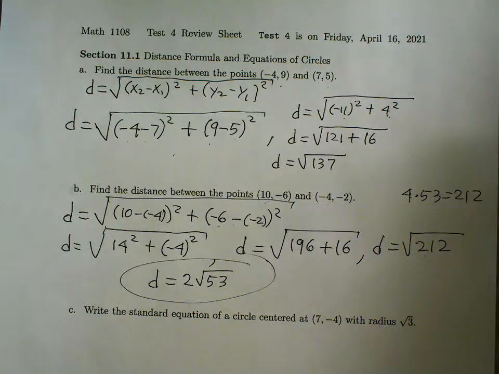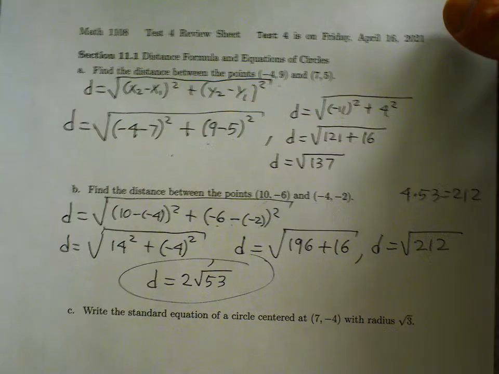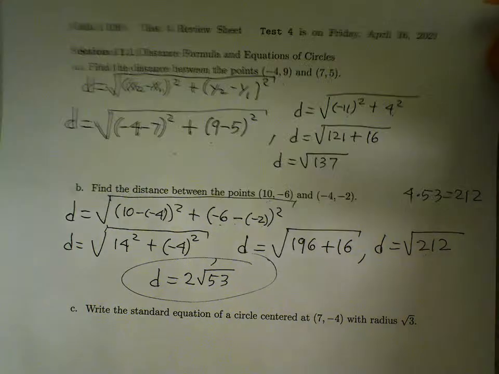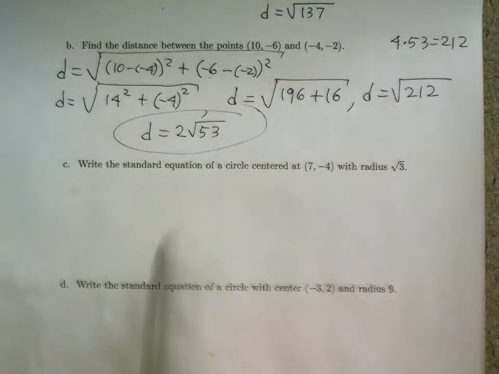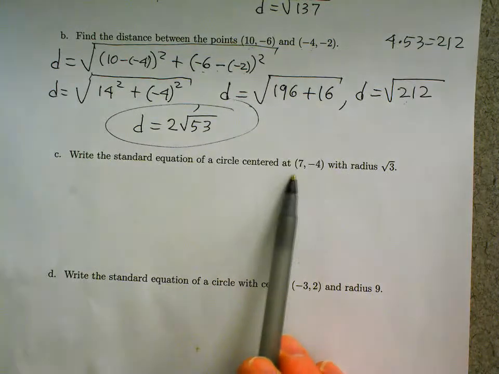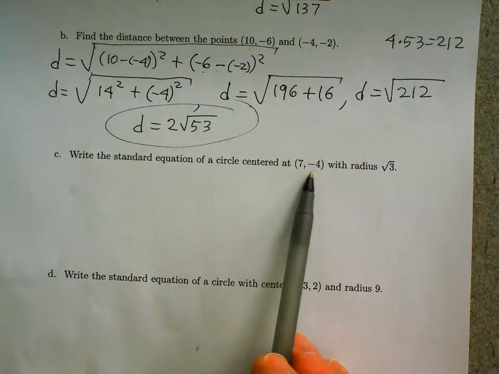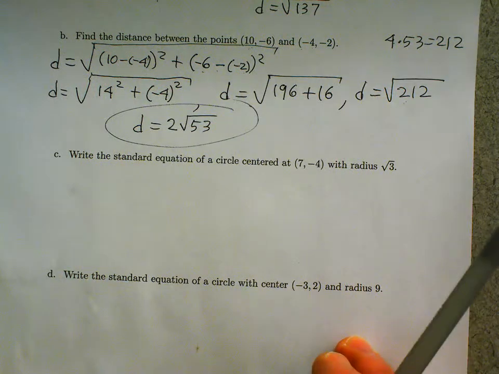Okay, the next 5 problems have to do with circles. Write the standard equation of a circle centered at the ordered pair 7, negative 4 with radius square root of 3.